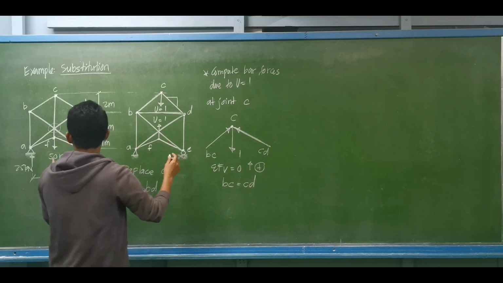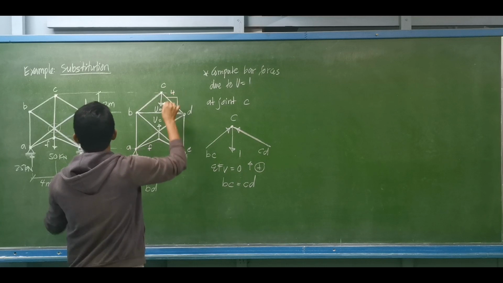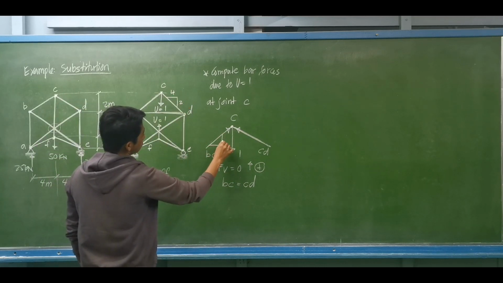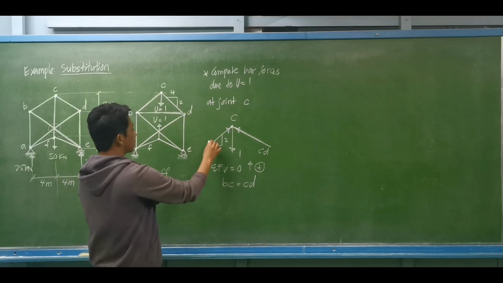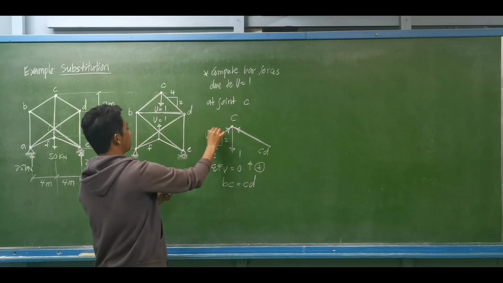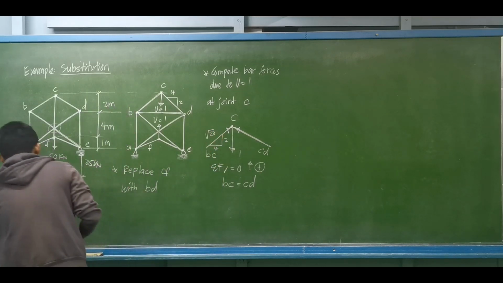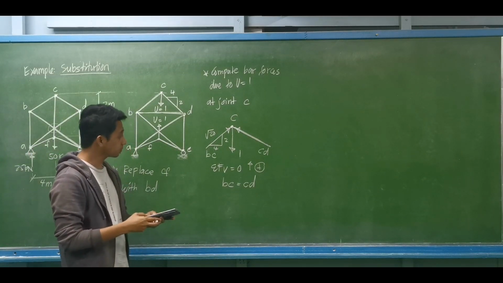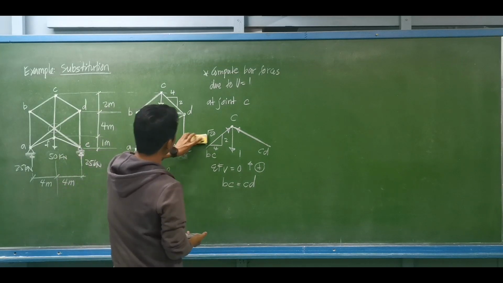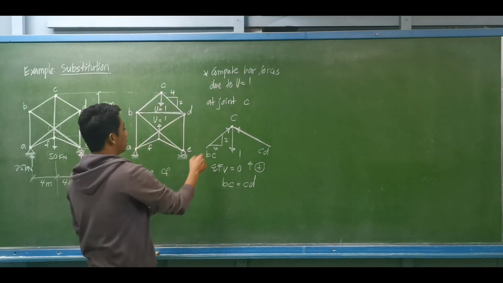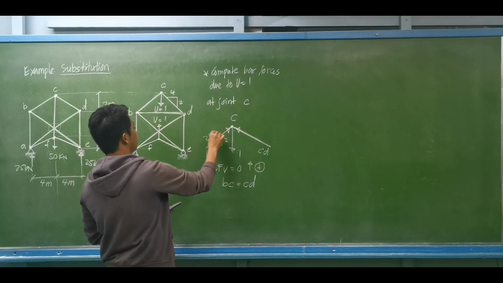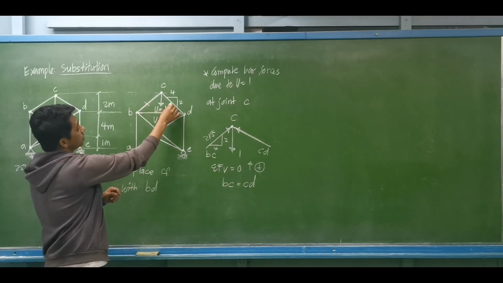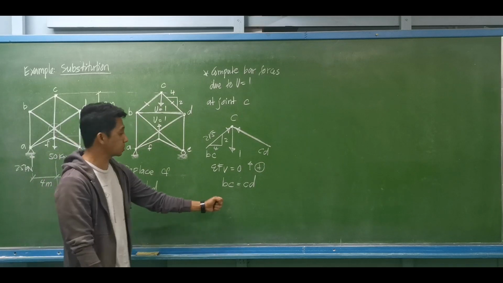The slope is 4 horizontal, 2 vertical, so this is the square root of 20. Can we simplify that? Square root of 20 is the same as 2 square root of 5. Again, member BC is the same as member CD.